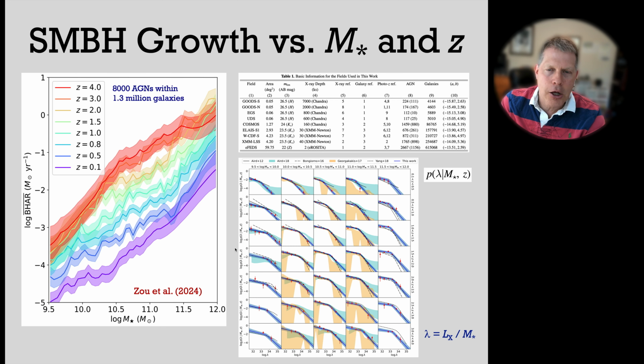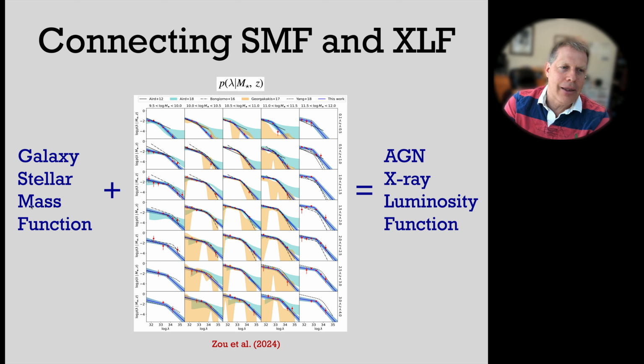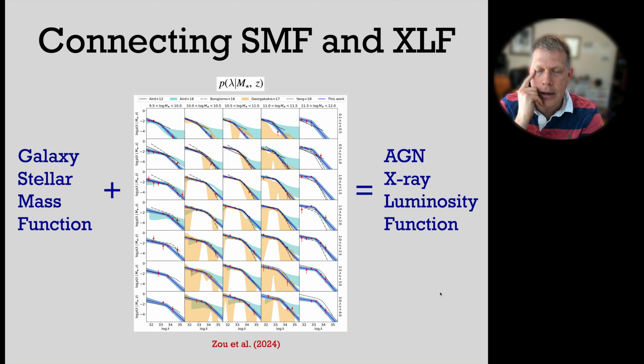So we now, in fact, can go back and forth between a galaxy's stellar mass function and the overall AGN X-ray luminosity function for galaxies, with this thing being the kind of interchange that lets you go between those things. So galaxy evolution and AGN evolution has been now connected to quite good levels of quantitative accuracy.